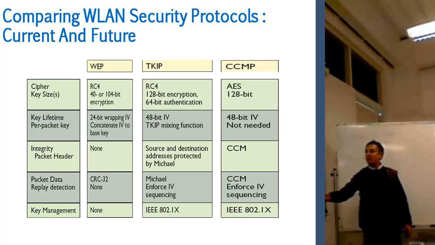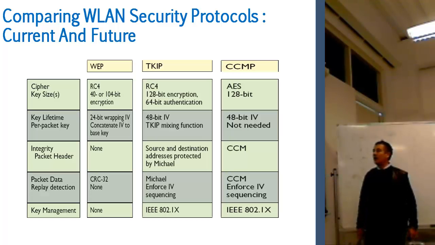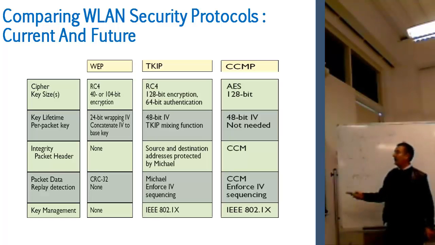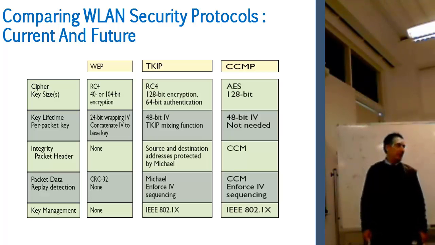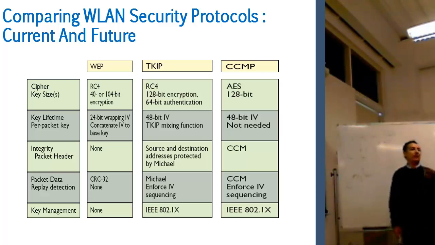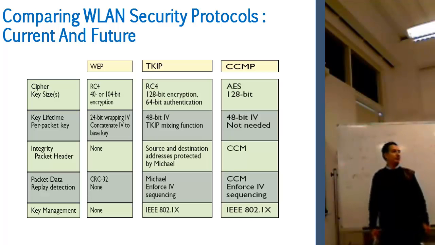Packet data replay detection: CRC32 and none. They are not checking any replay over here. And Michael with enforced IV sequencing, so a 48-bit IV is used over here for packet sequencing. Again, CCMP MAC with IV sequencing. Again, we are using a 48-bit IV to make each packet unique.